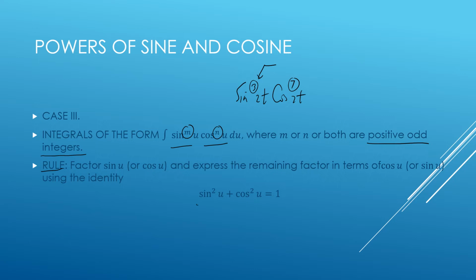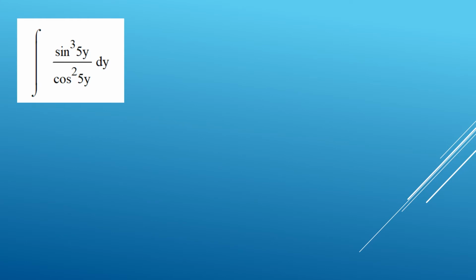So we apply the same identity, sine squared u plus cosine squared u equals 1. For the integral of sine cubed 5y over cosine squared 5y dy, the first step is to rewrite this as sine cubed 5y cosine raised to negative 2 5y dy.